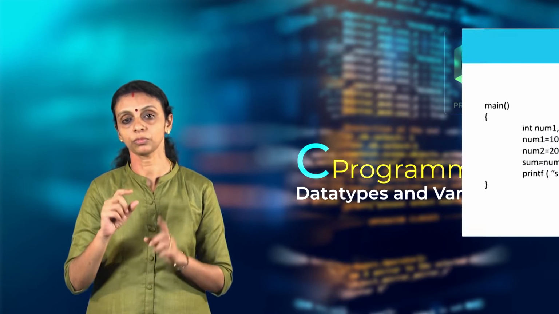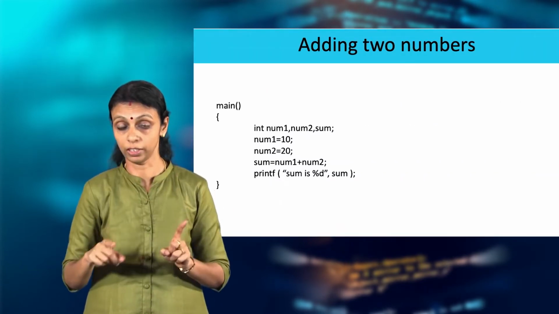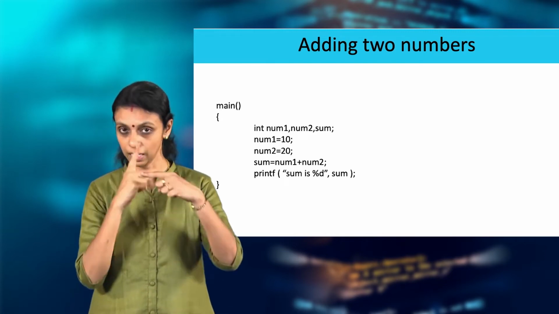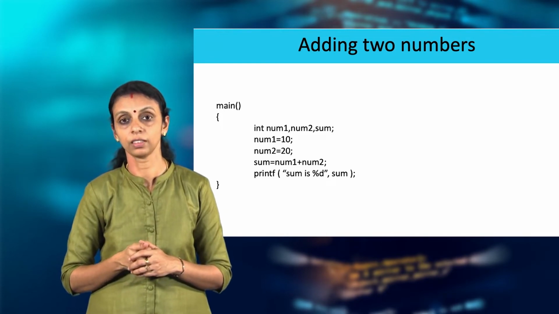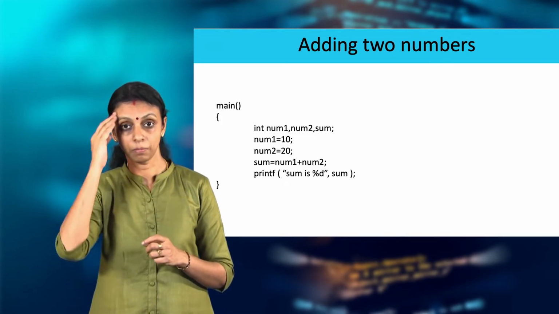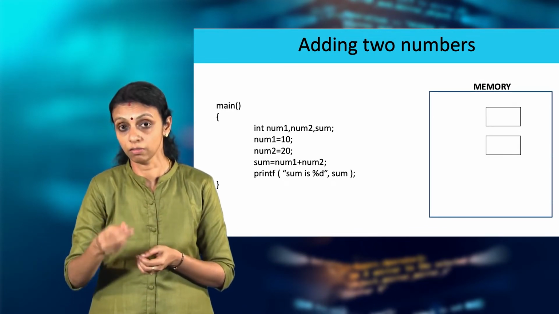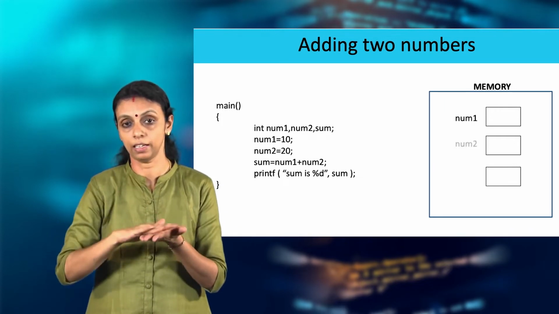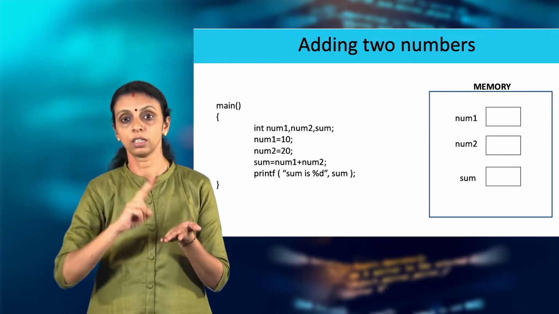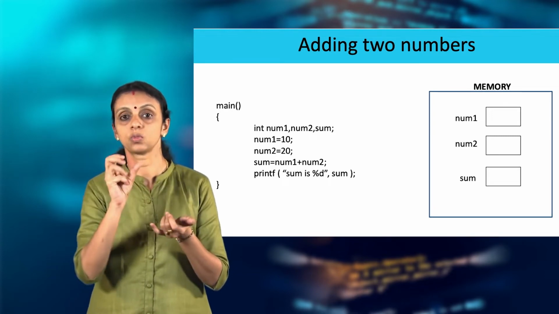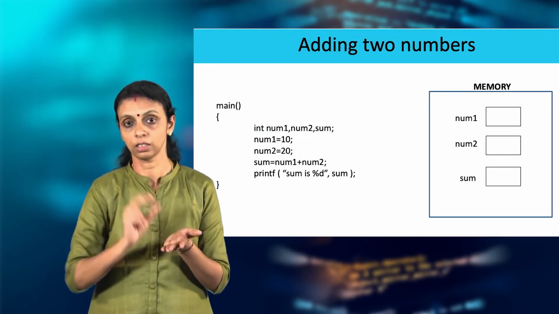Consider a program. This program adds two integer numbers and prints their sum. So, first we have to declare the variables in memory and give names to these memory areas, that is num1, num2 and sum. Then num1 is equal to 10.